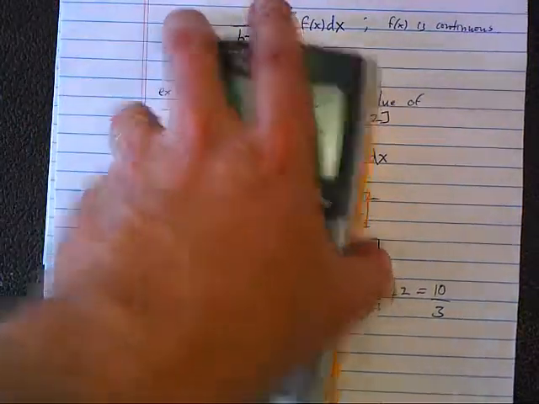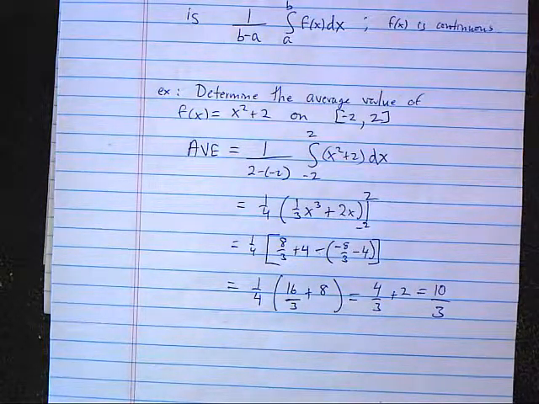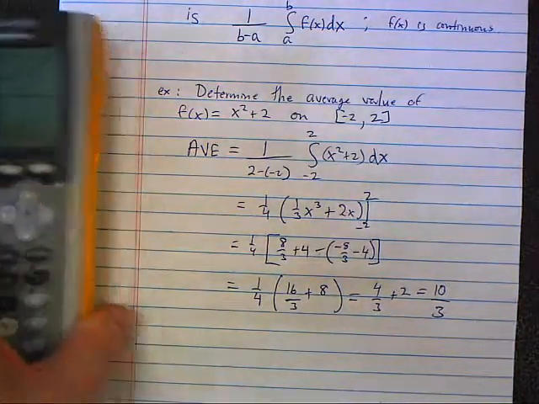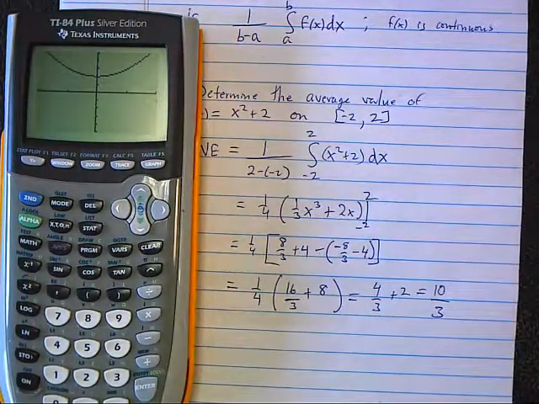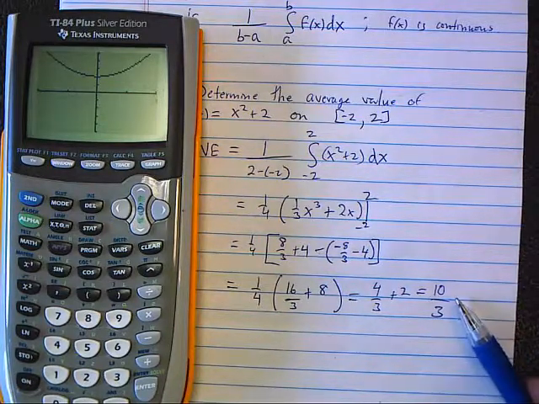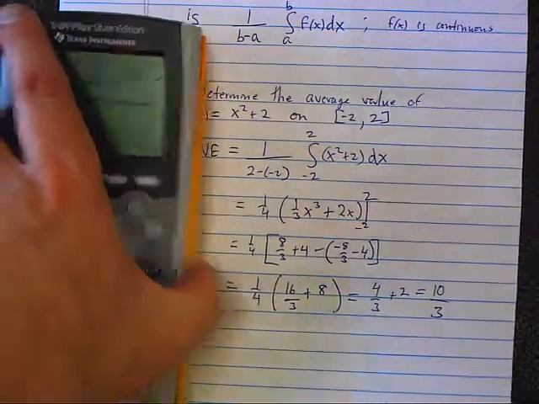Questions on that one? So, if we know how to find the exact value, what do you mean you can find the exact value? Or the exact area. Well, we found the exact area. The exact area would be 40 over 3. Why would you want the average?